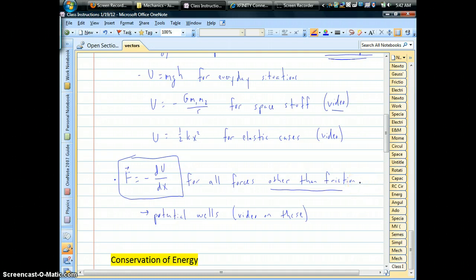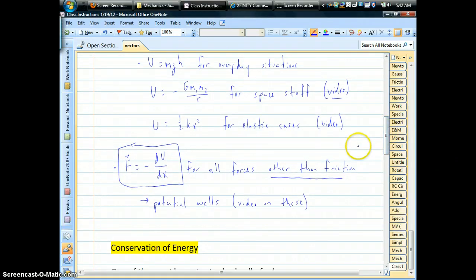In other words, things like gravity, electricity, springs, really what matters there is just the changes in position. The path doesn't matter. For friction though, since friction's on all the time, the path does matter, and this relationship doesn't hold true. So for potential wells, again, there's a how-to video on the blog for that one. So I'm not going to go into detail here.